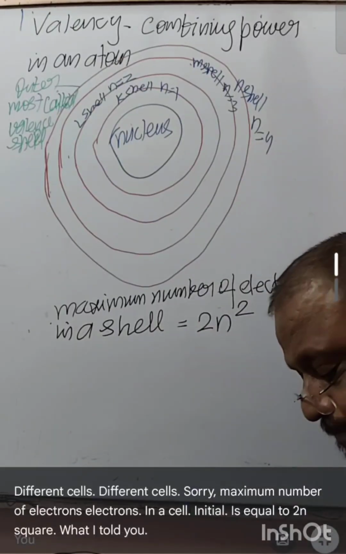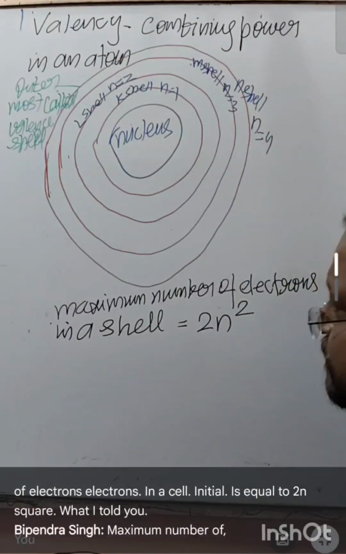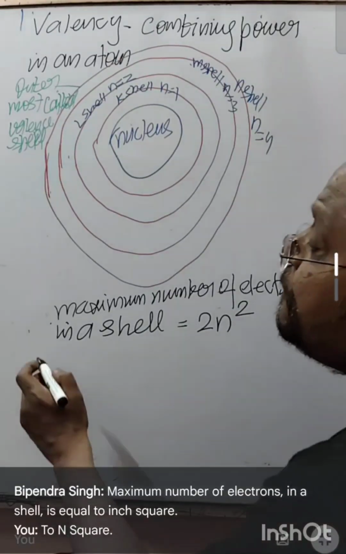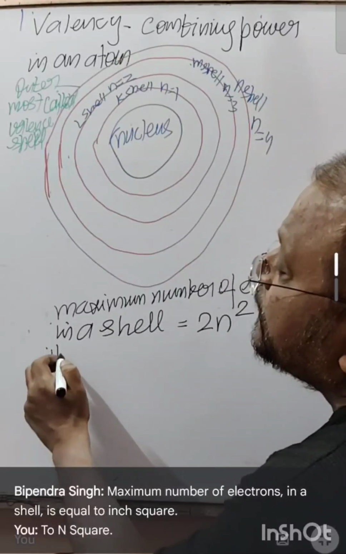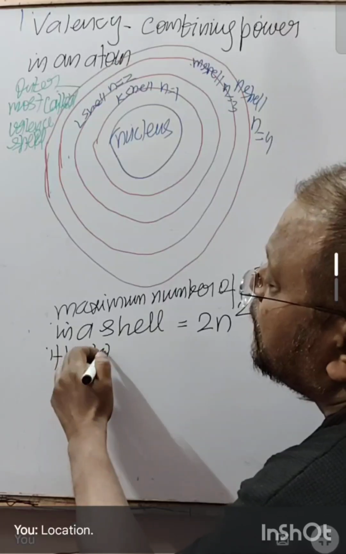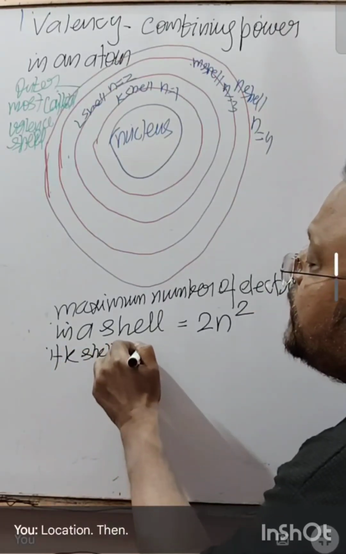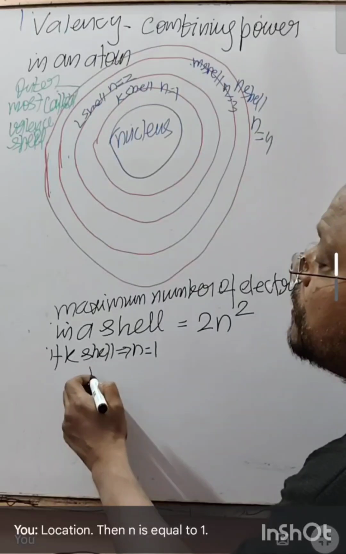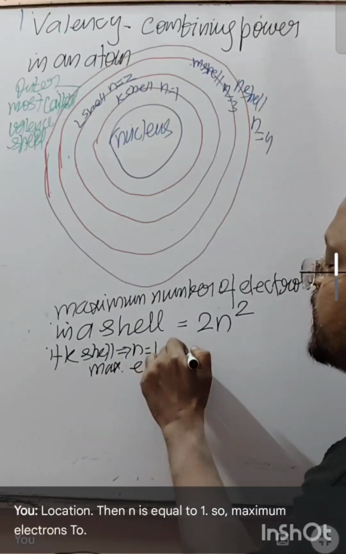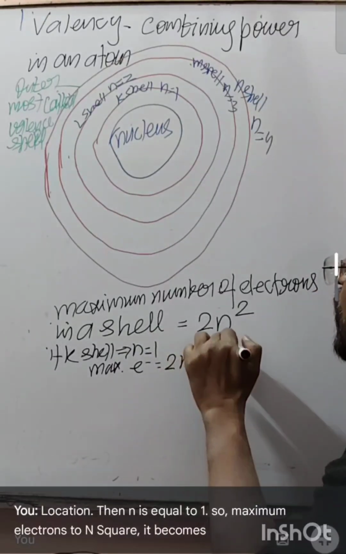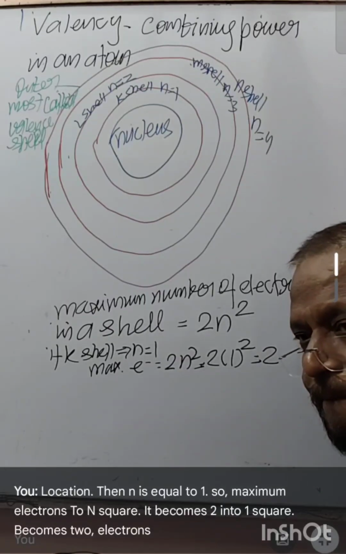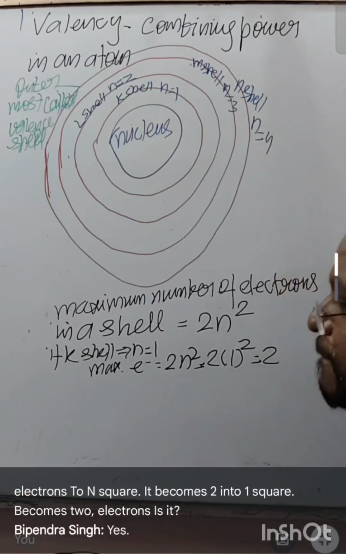What I told you? Maximum number of electrons in a shell is equal to 2n square. If K shell, then n is equal to 1. So maximum electrons 2n square becomes 2 into 1 square, becomes 2 electrons. Is it? Yes, sir.